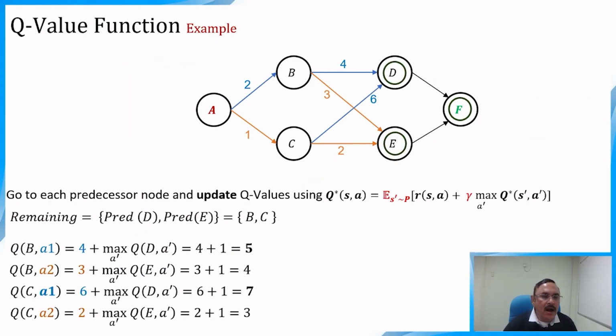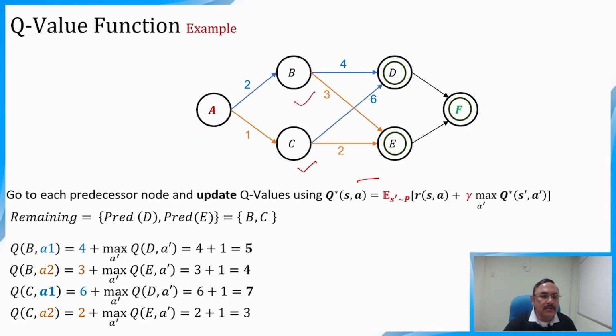Now, after computing D and E, we go to the predecessor nodes and update the q values using the Bellman equation which is shown. Here there are two nodes, B and C, that we are going to calculate.